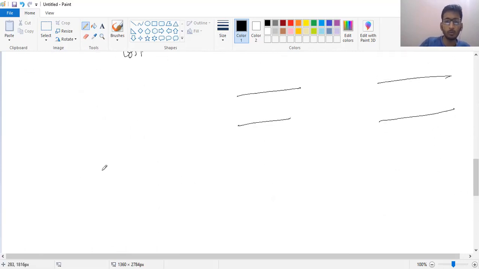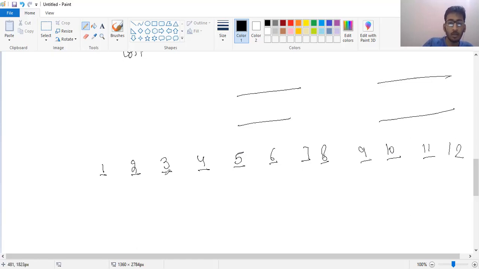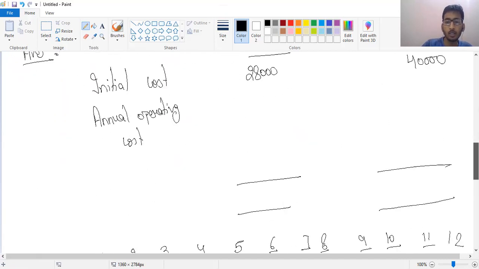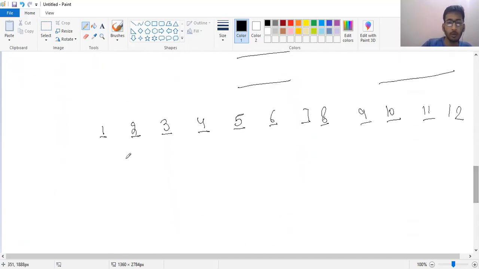I hope most of the people have understood this. So what is there? There are 12 years. And every year the expenditure, suppose I'm talking specifically about CF, is 24K, 24K, 24K, and so on.